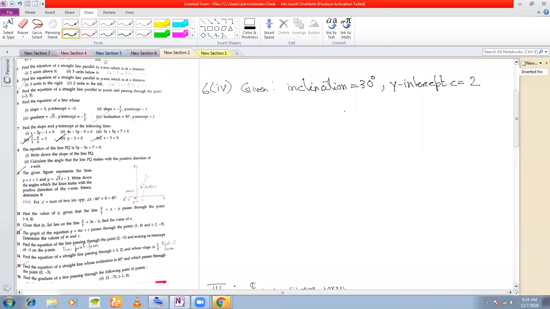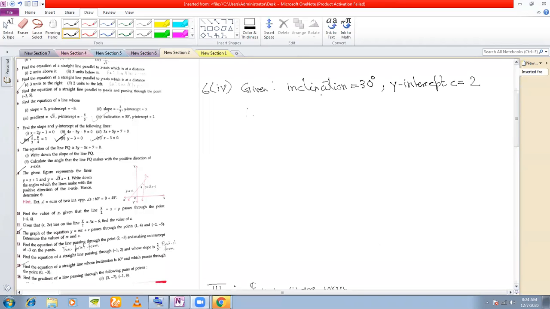Remember, intercepts are given with the sign. So here we have a positive intercept. So inclination is 30 degrees, and you know what inclination is. If you take the tan of the inclination, what will you get? Anyone? 1 by root 3.